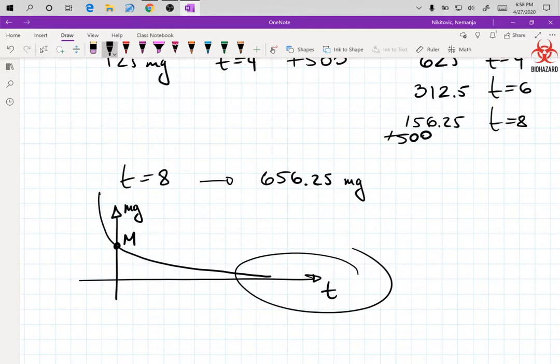Go ahead and try to figure out now, you can play with this stuff, right? Say, I'm 7 years old and I'm going to take 500 milligrams of Advil. How much Advil percent-wise is there in my body 70 years later? So now you're 77, 70 years has passed. How much of that pill that I took when I was 7, percent-wise, is still in my body?